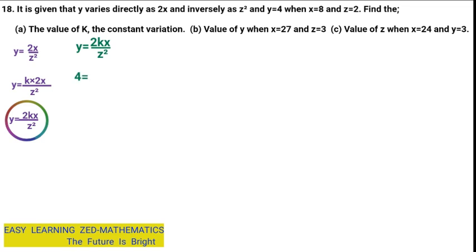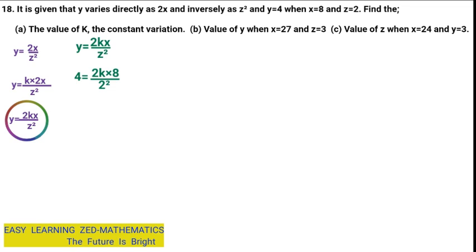Then they're saying when x is equal to 8. As you can see, there is no value for k, so we're going to write 2k, which will be multiplied by 8, the value given, over the value of z given, 2 over 2 squared.